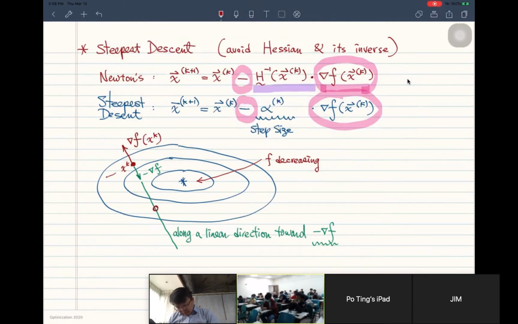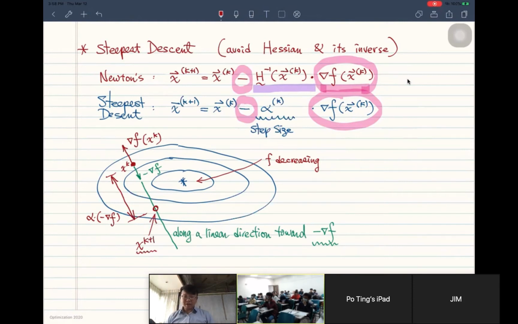So this distance is basically alpha times negative gradient, right? So by determining alpha, we can know where is k plus 1.